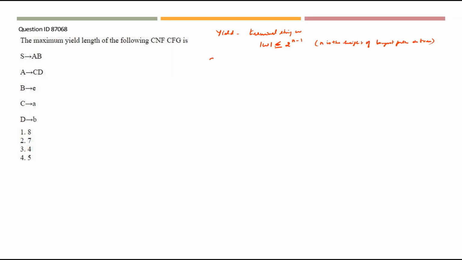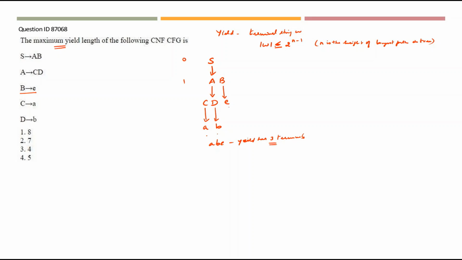Now let's take S. When I do this derivation, S has A, B non-terminals. Then A has C, D as non-terminals. I can have E here because B is producing E, and C will have A and D will have B here. This is the yield. This yield has 3 terminals, but based on the height we have to tell the maximum yield length.